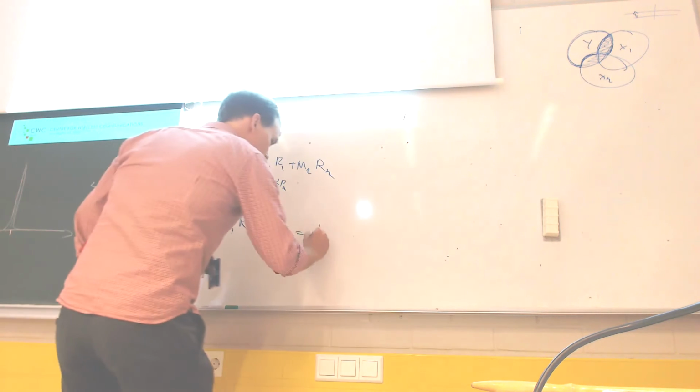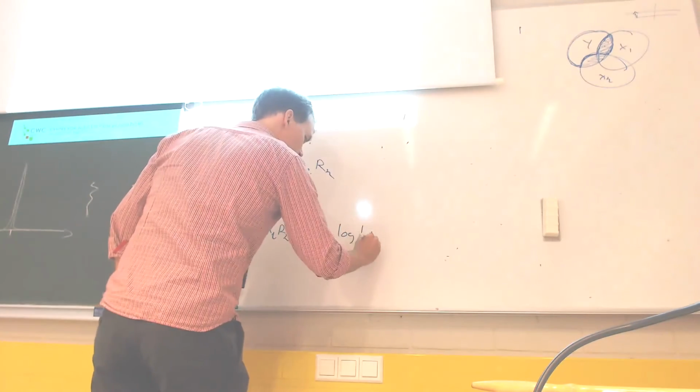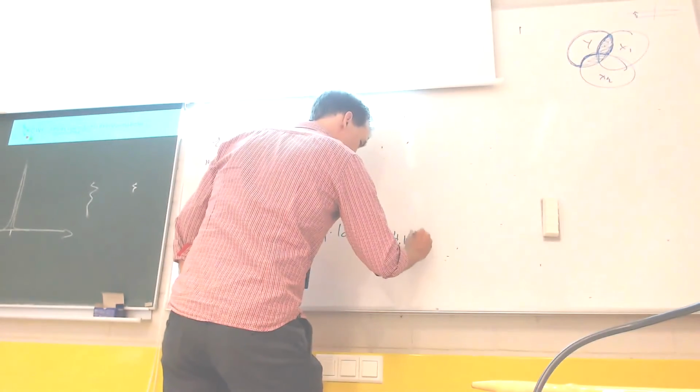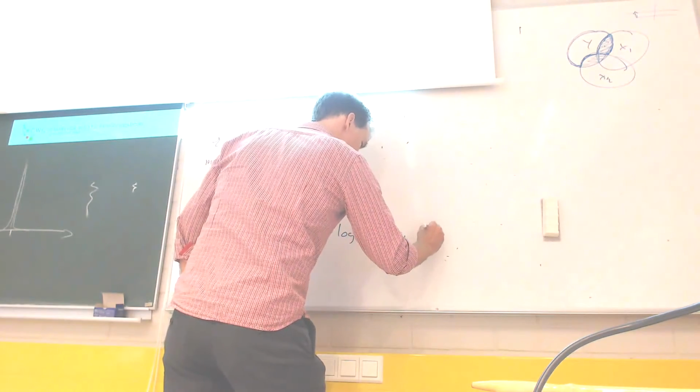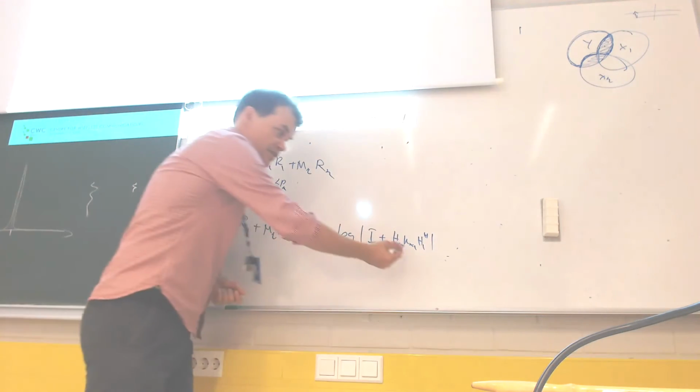So mu1 times log det I plus H1 Kx1 H1 Hermitian. This would be the rate in general.